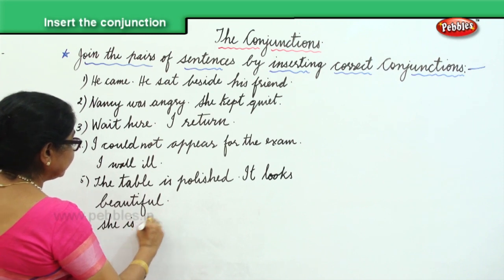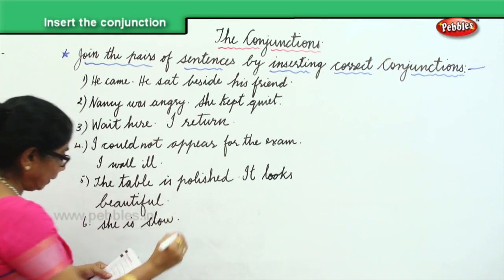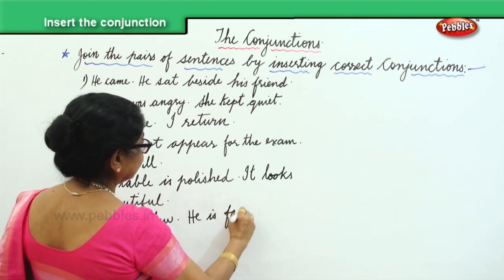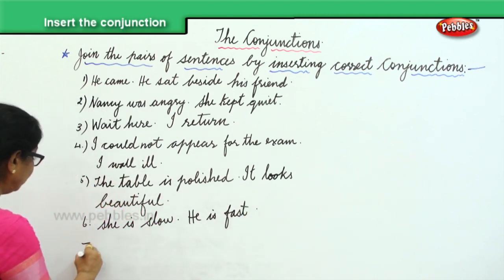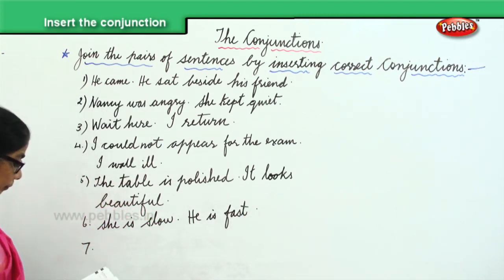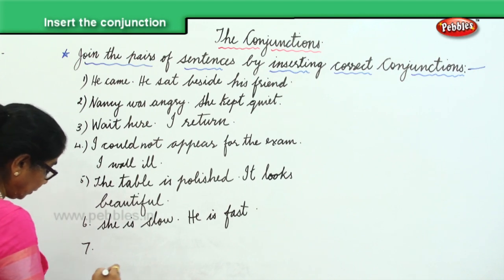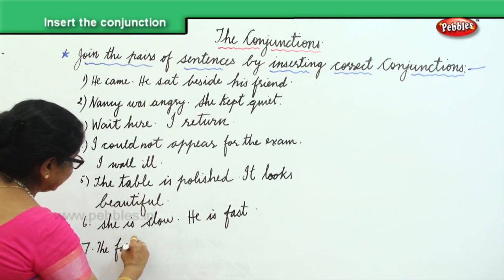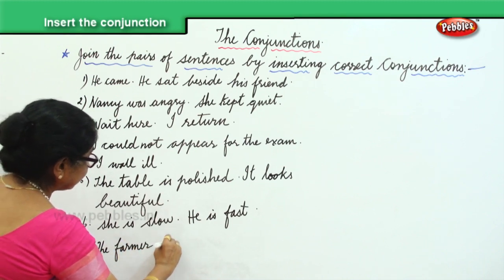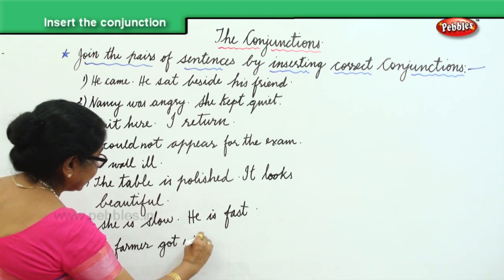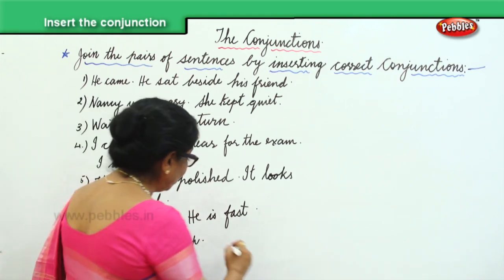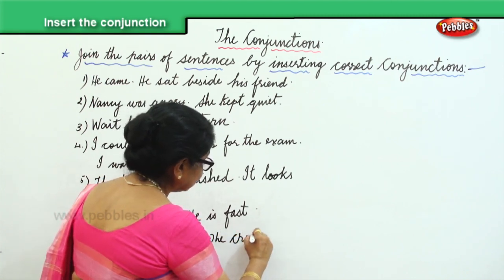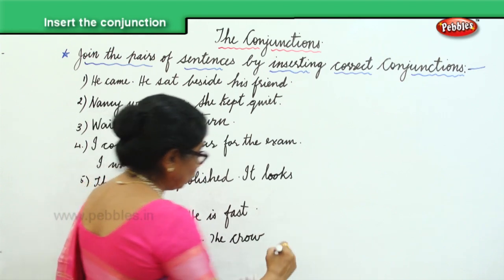And then, he is fast. And I can give you one more sentence. The farmer got up. The next sentence, the crow cawed.